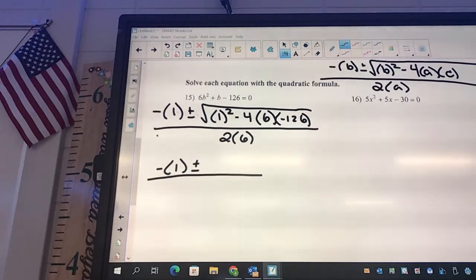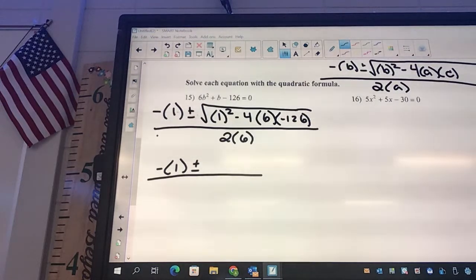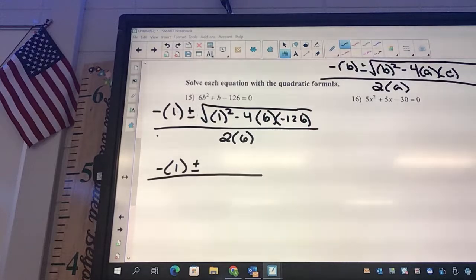What are you going to get for underneath the square root? Or without it, it doesn't matter.